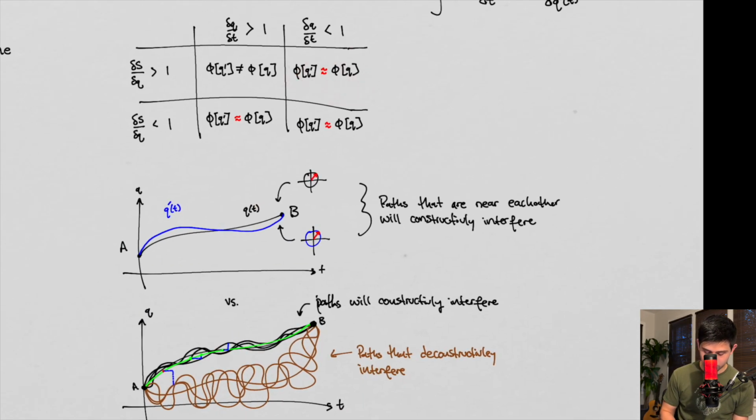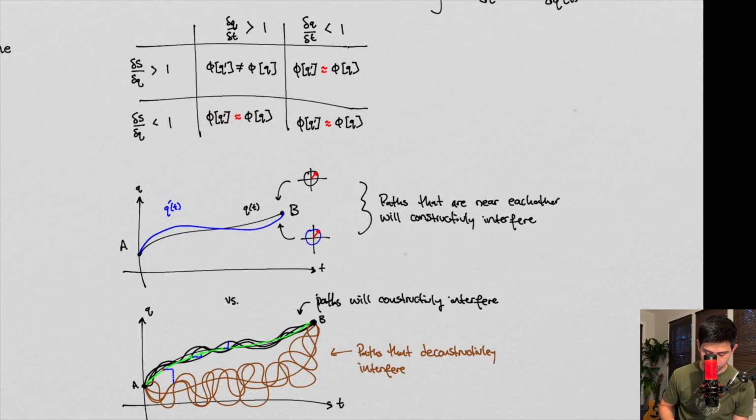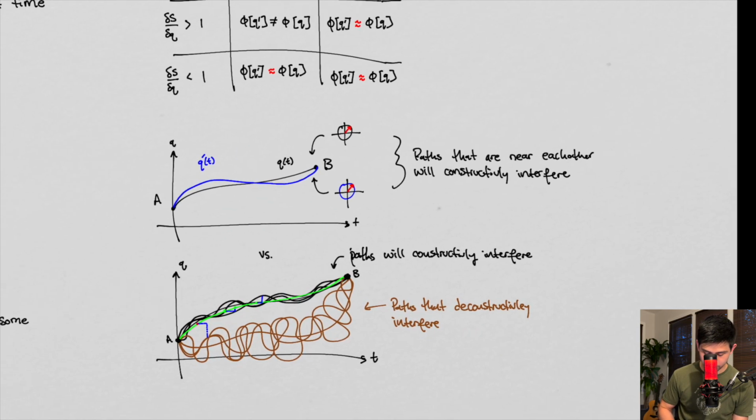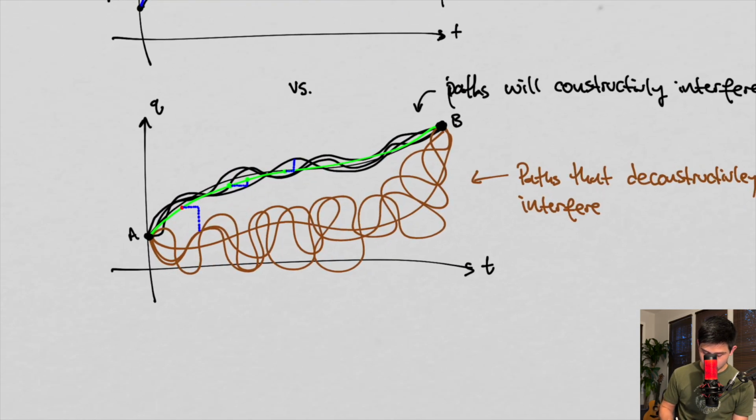That's what these two guys in this table are showing. So we get this picture where all the paths that are near, say, the classical path, or the path that's been unperturbed, will constructively interfere, and we get an action that is large, and that large action defines the path that is most likely to be taken.